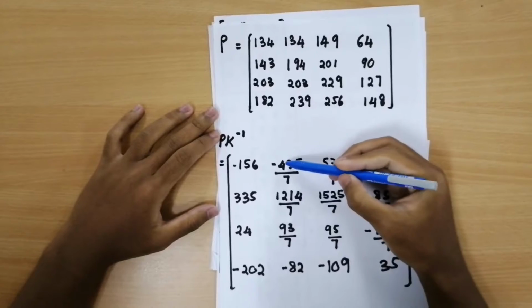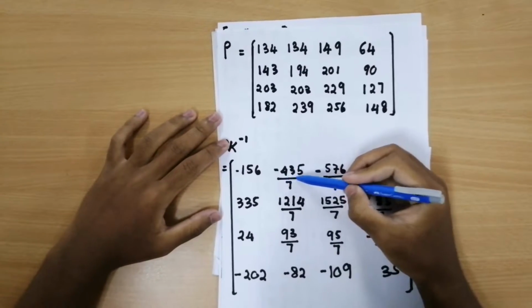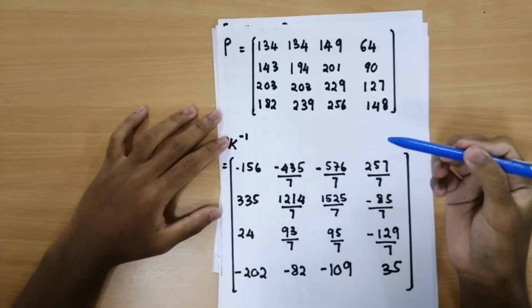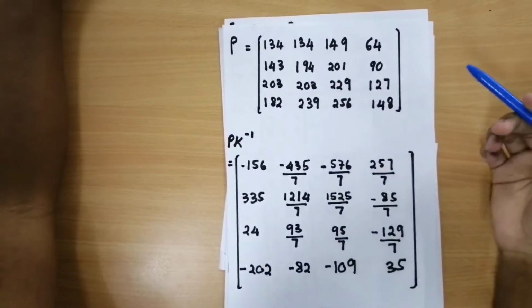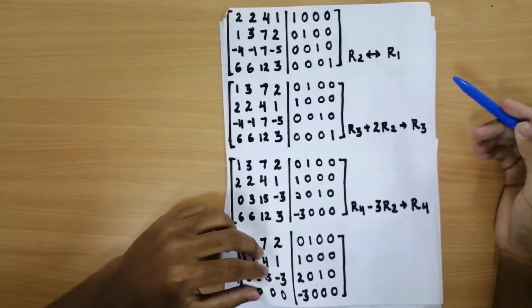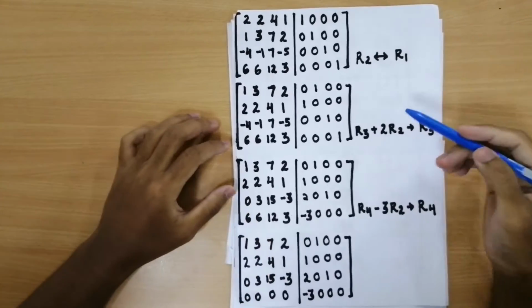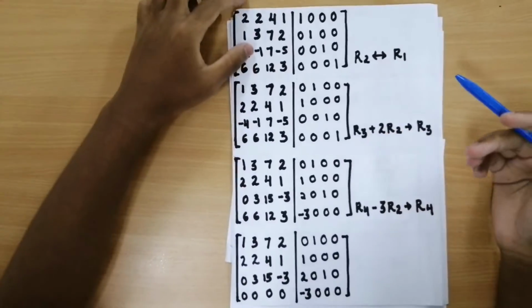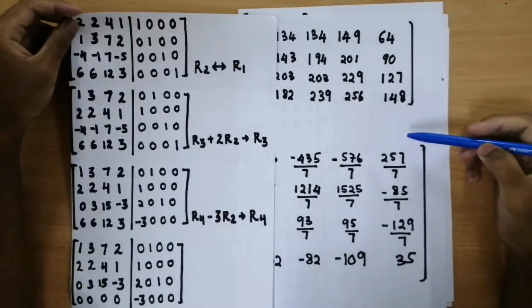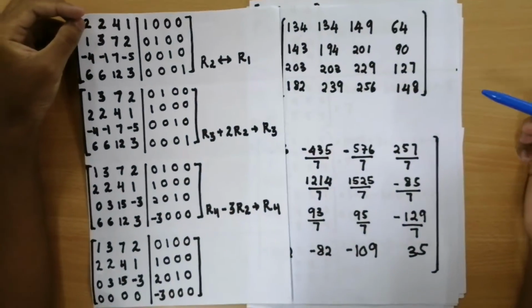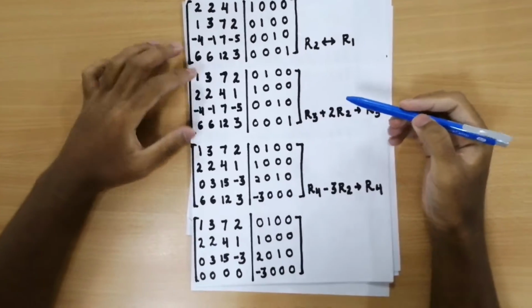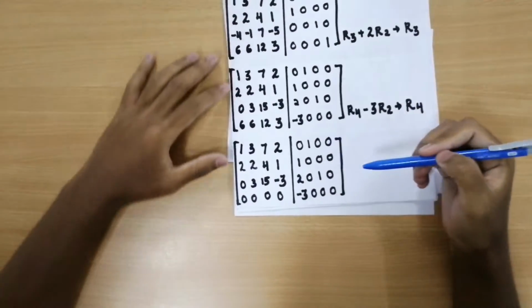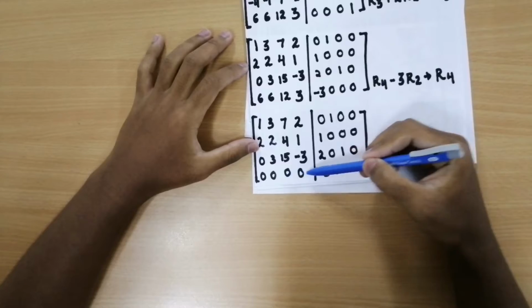I mean negative 435 over 7, which letter will it be? And for K1, sorry, I mean this is K1, but still the answer is wrong, right? And this is K2. The final answer will be 0, 0, 0, 0.